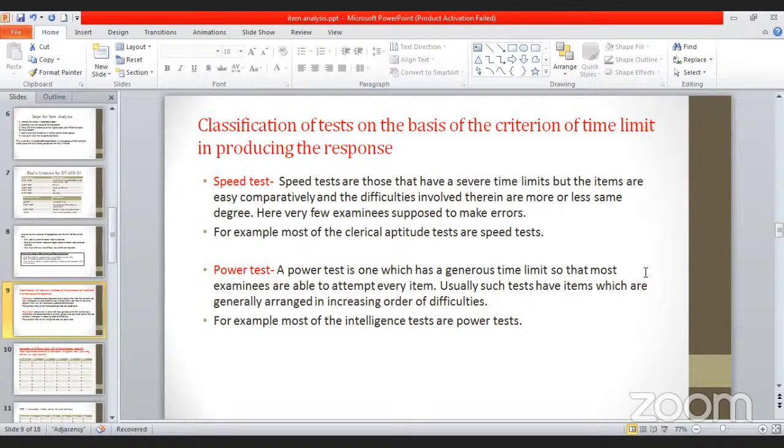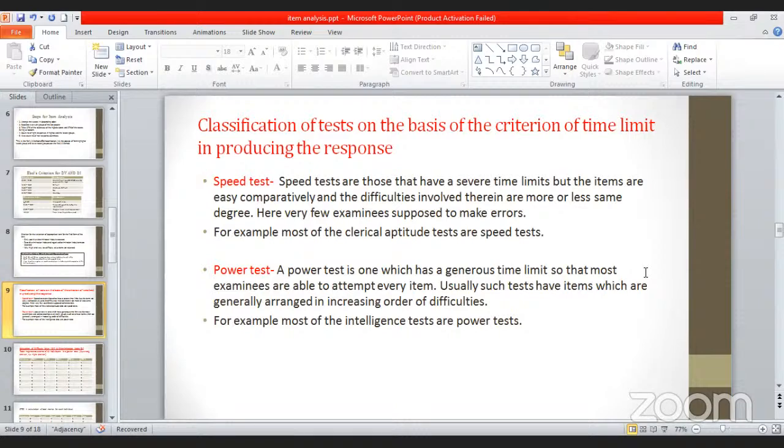The knowledge tests are power tests because they emphasize the individual's ability to answer the item correctly. You will get enough time to complete it, but your ability is more important in the case of the power test. Okay. Yeah, got it.